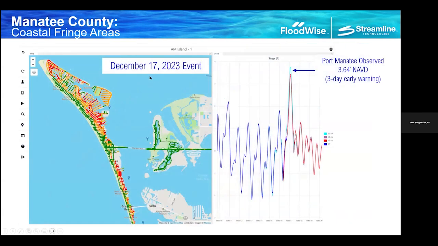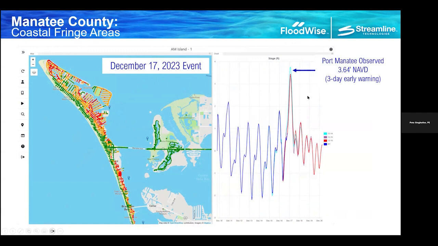This is the December 17th event from last year. The surge was actually higher than the April event. You can see the red here is the deeper flooding, the orange is shallow flooding, and the green is up above the flooding.